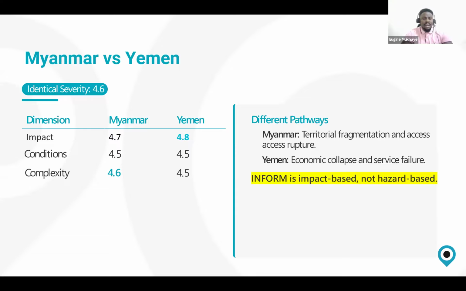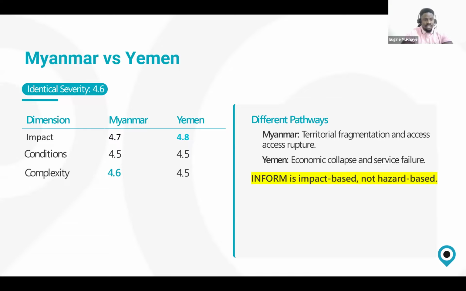So even though Myanmar and Yemen have very different drivers, the humanitarian conditions experienced by the affected populations are similar enough that they produce the same overall severity score. So this is a case where we may have different crisis drivers, but we might also have similar humanitarian conditions experienced within those two populations.